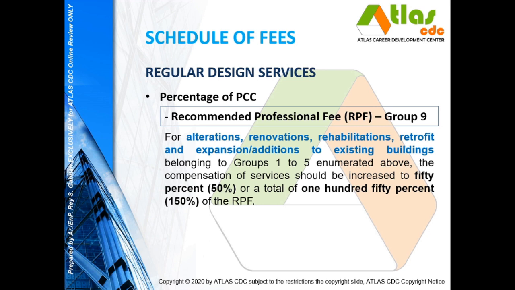If the recommended there is 10%, so it means kapag renovation ng bahay will be 150% of 10%. So 150% of 10% is now 15%. No? So you only have to multiply 1.5 because 10% times 1.5 is 15%.